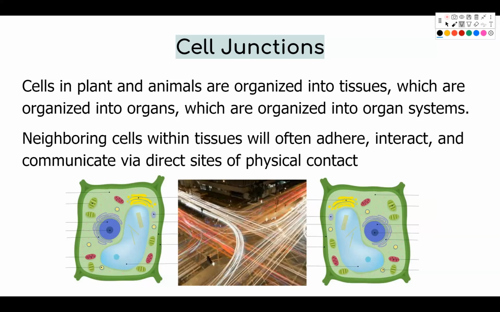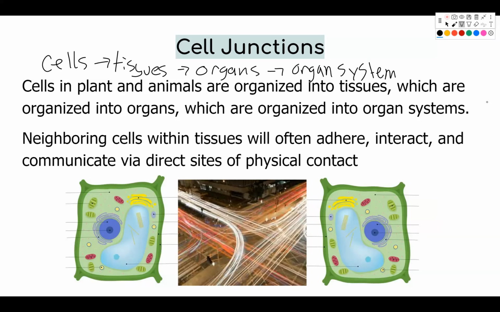And we'll have some little doodles to go along with these as well. Also, just as a little shorthand trick, this whole sentence could be summarized by cells are organized into tissues, which are organized into organs, which are organized into organ systems, which give us plants and animals.